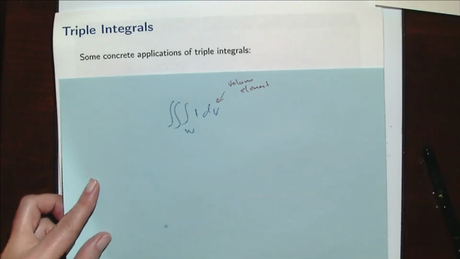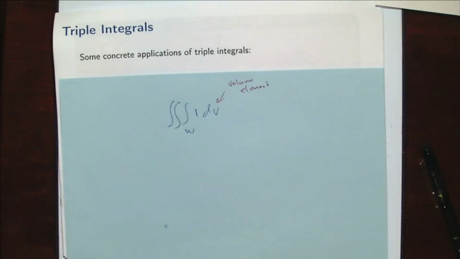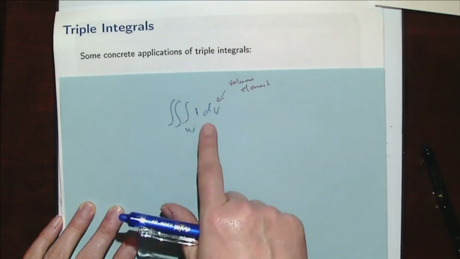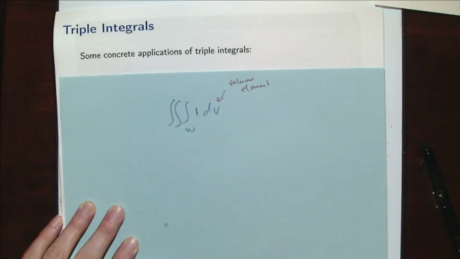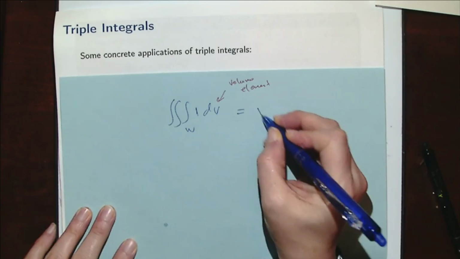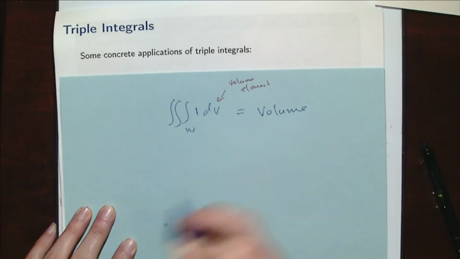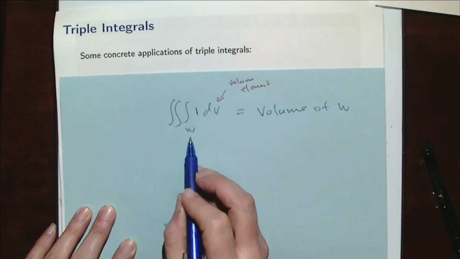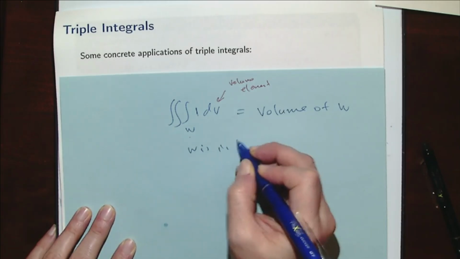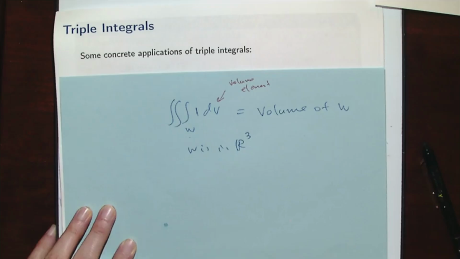And triple integral because you have the little tiny cube in there. And if the density is 1, if the integrand is 1, I'm just multiplying volume by 1 and adding it all up. So I end up with what? Volume of W. W is the region in 3D. W is in R3. Right?